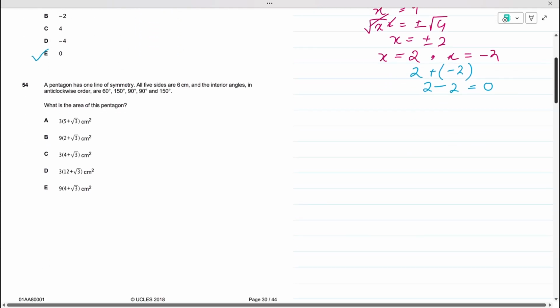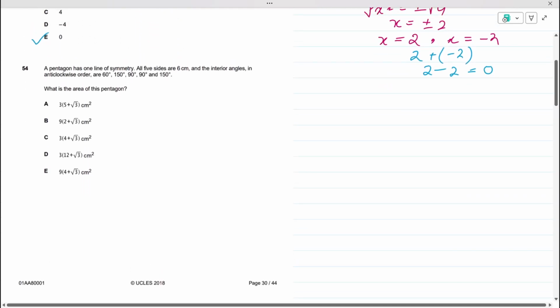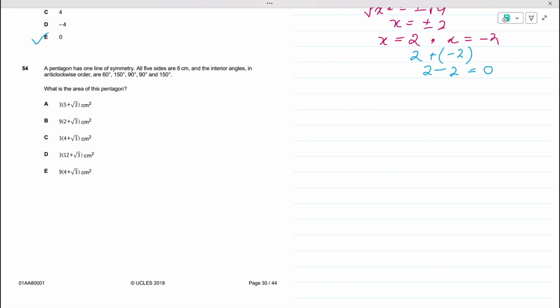Now we are going to solve the 54th question, and it says a pentagon has one line of symmetry. All 5 sides are 6 centimeters. This pentagon means 5 sides, right? Those 5 sides have the length of 6 centimeters, and the interior angles in anti-clockwise order are 60, 150, 90, 90 and 150.